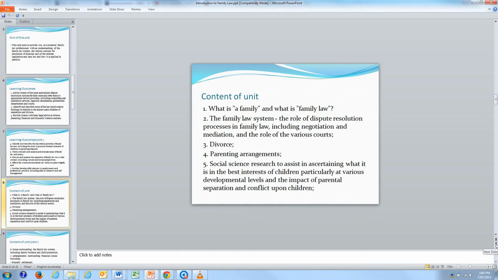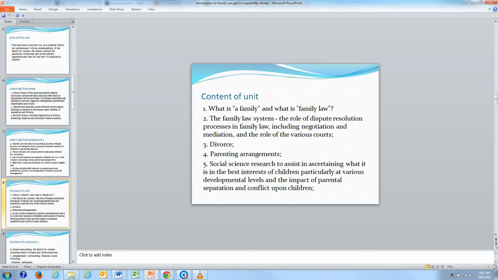Now, in terms of the areas of family law that we're going to be looking at, we will look at what is a family and what is family law, so identifying what areas commonly come up in family law and which ones we will have time to study this semester.